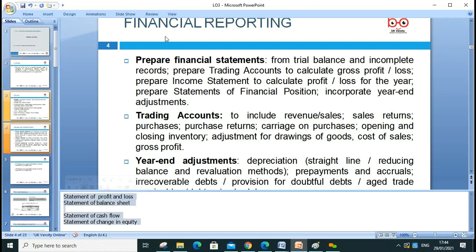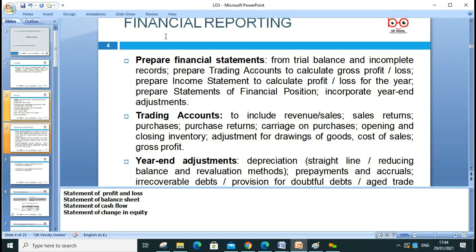So these are all the statements we have learned up to now. Any question? Okay, this statement shows income and expense. The balance sheet shows assets, liabilities, and capital.